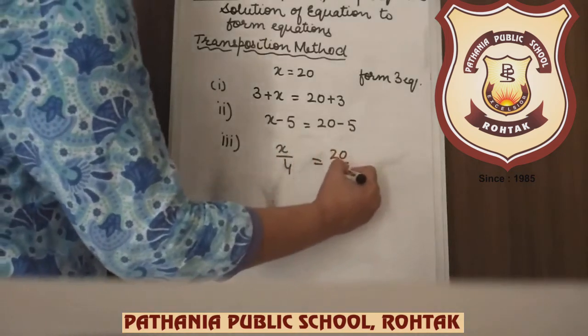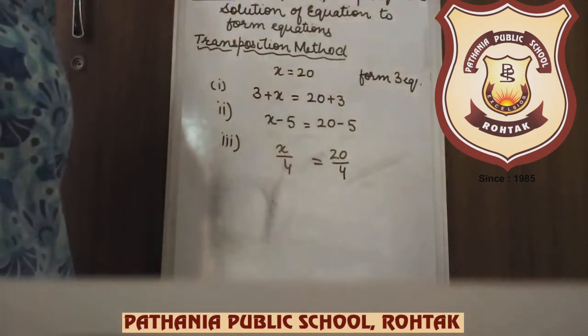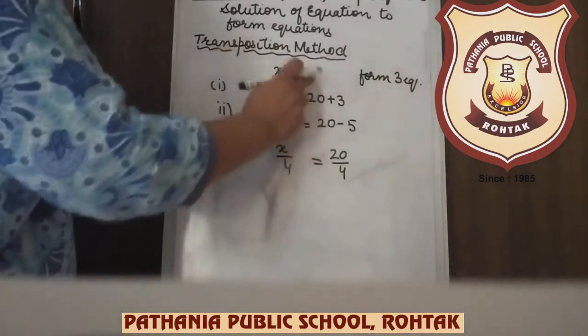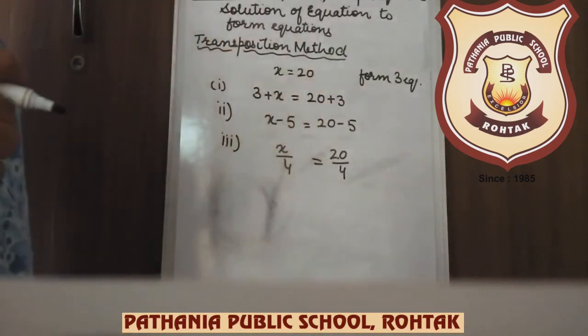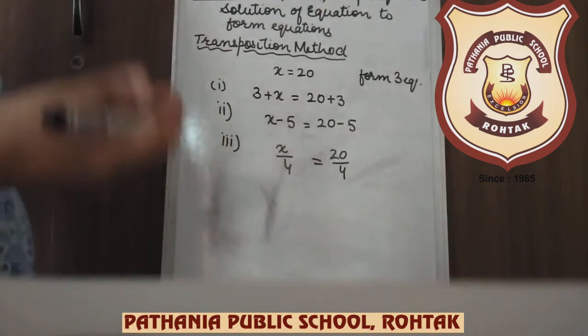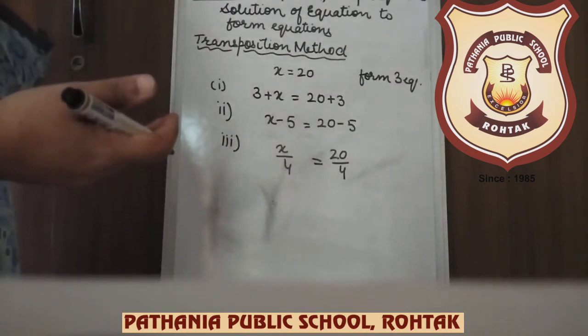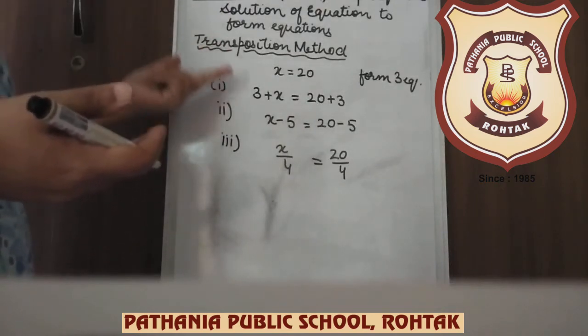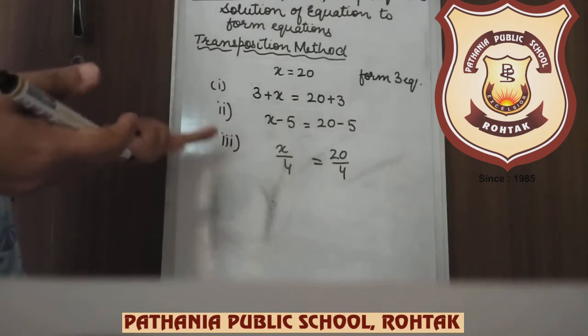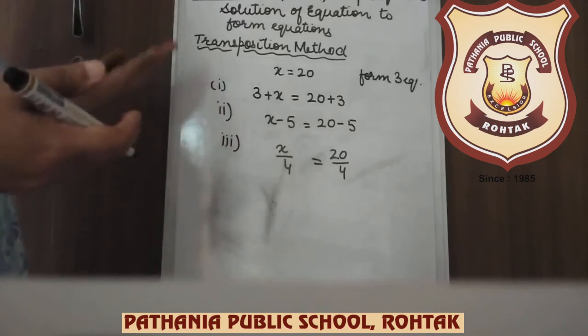So this is also divided by 4. So you got 3 equations. In similar method, you can form as many equations by addition, by multiplication, by subtraction, by division. So it is your choice.